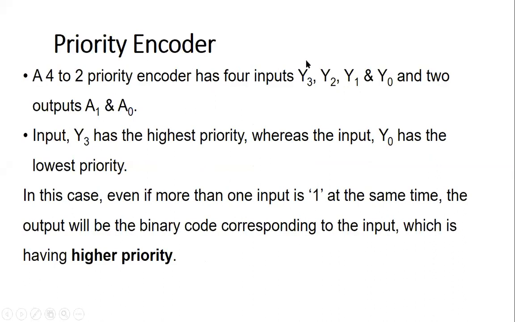That means y3 will always have the highest priority. If y3 is 1, whatever the values of y2, y1, y0, 0 or 1, you will get the encoded value equivalent to y3. So y3 will always have the highest priority, and y0 will always have the lowest priority. Now we'll see how to implement that.